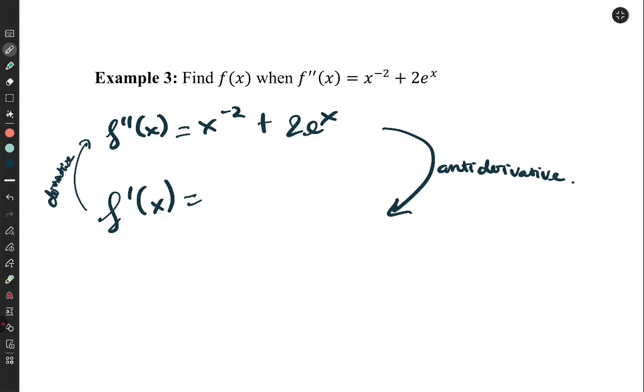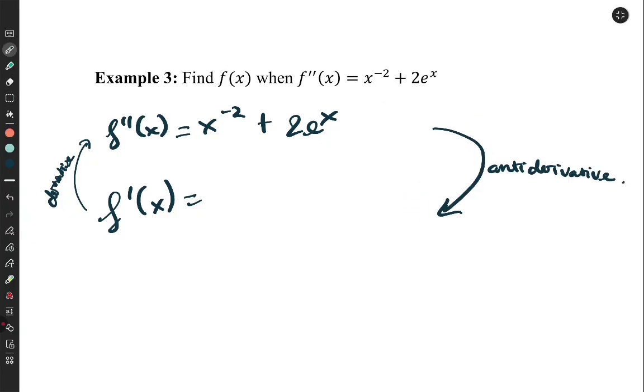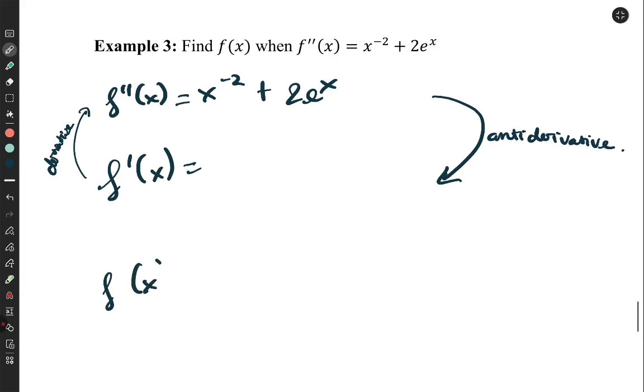Antiderivative of that. And then to find the original function, you do it one more time. Two times like that. Okay. Try that. Careful with the plus C. Careful with the plus C.